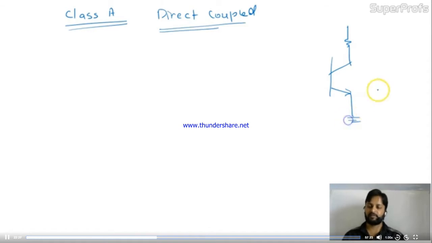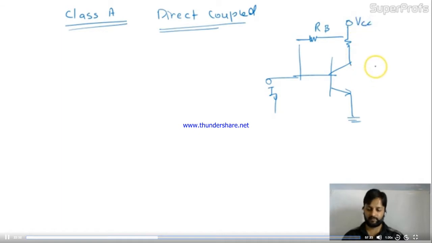Okay, let me draw the circuit. This is RB over here. Here we are applying some input. This is connected with VCC. Perfectly fine. So direct coupled means this RC becomes your RL. We are introducing our load here at the collector terminal. So directly we are getting the amplification at the output stage. That's why we call it the direct coupled amplifier.